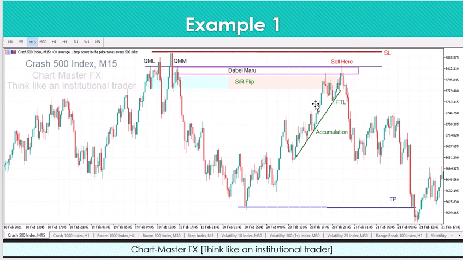So there was accumulation here, and you can see that there was an SR flip where there was support, and the support turned to resistance.